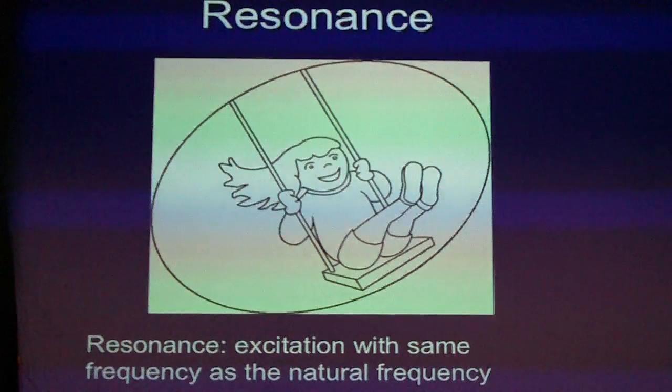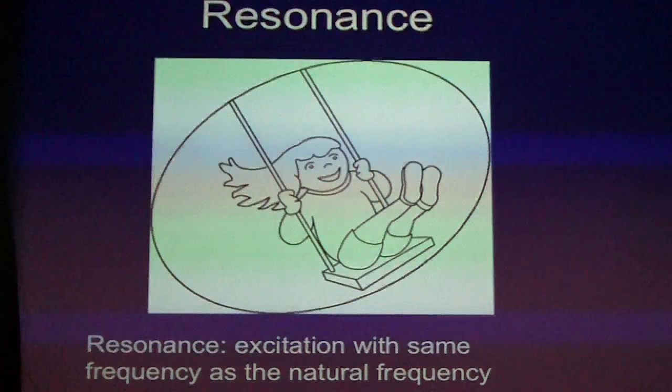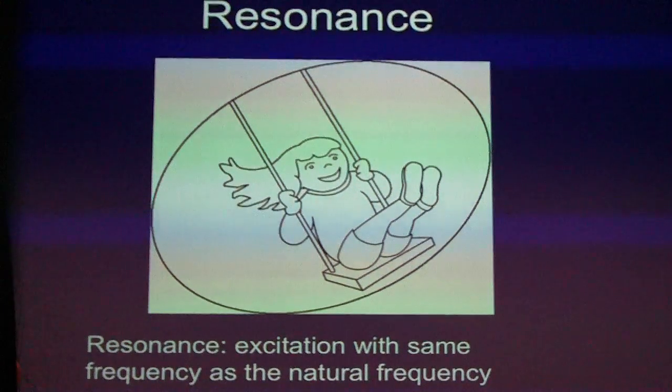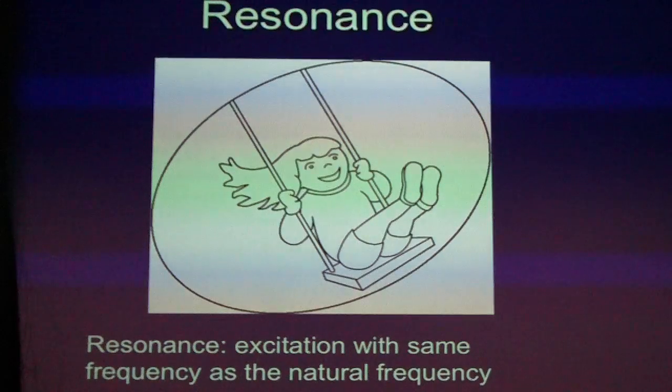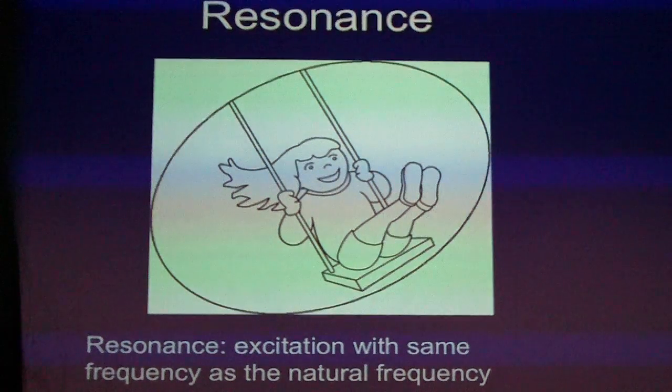And why is it magnetic resonance? So where's the resonance coming in? Resonance means that you excite the system with the same frequency as the natural frequency. So it's like with a swing. If you have to tilt somebody of like 50 kilograms, you would need a lot of force.